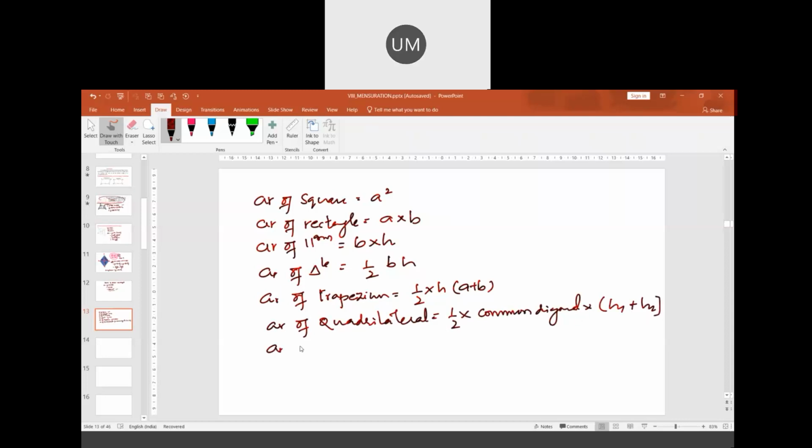And we have also learned rhombus: area of rhombus is half into product of diagonals, half into D1 into D2. You all must remember these formulas.